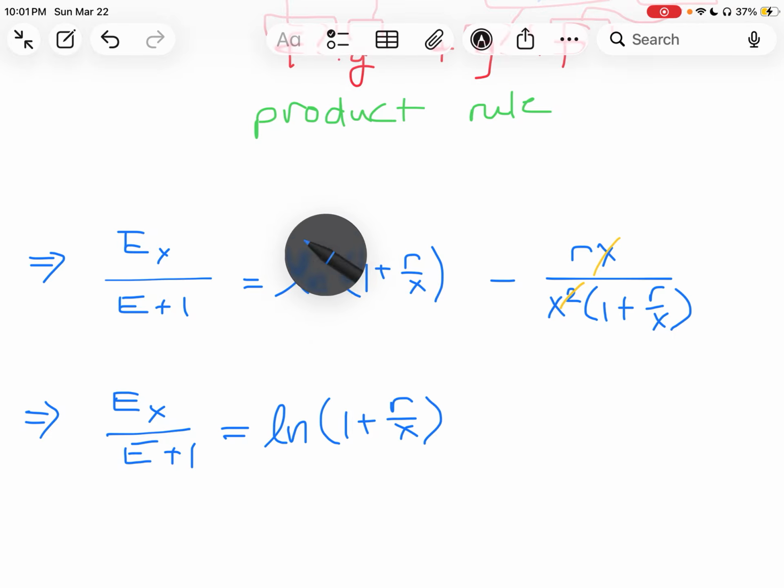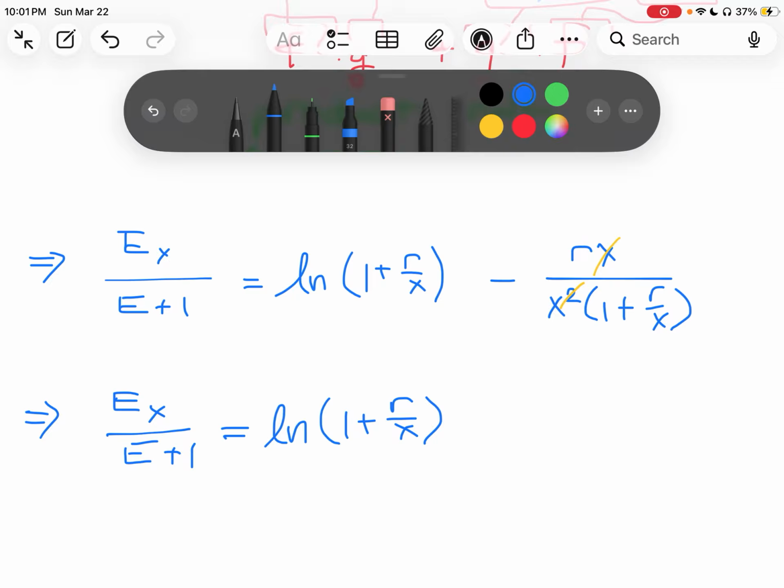Everything stays the same except for this last part. I'm going to rewrite it as minus r over x and then something in here.